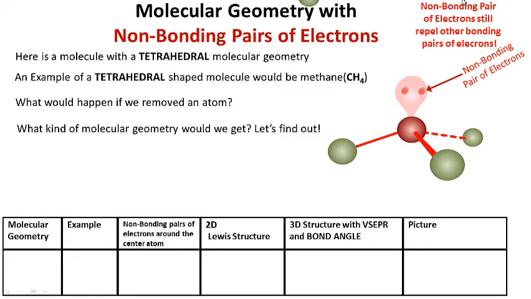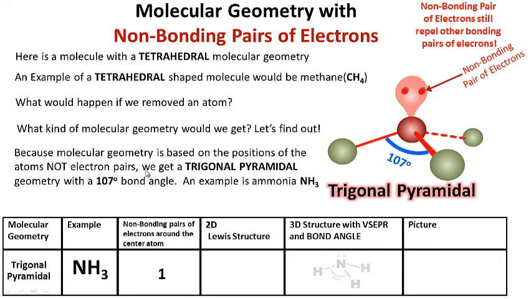Okay, so non-bonding pair of electrons still repel other bonding pairs of electrons here. Okay, so these two electrons here still repel these pairs of electrons down here. Okay, so because molecular geometry is based on the positions of the atoms and not electron pairs, we get a trigonal, not planar, but a trigonal pyramidal geometry with a 107-degree bond angle.